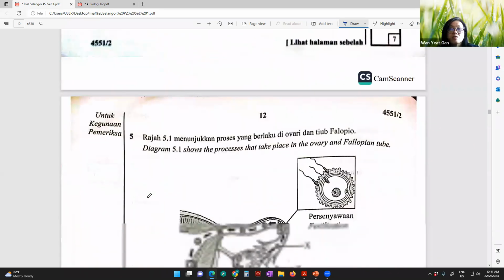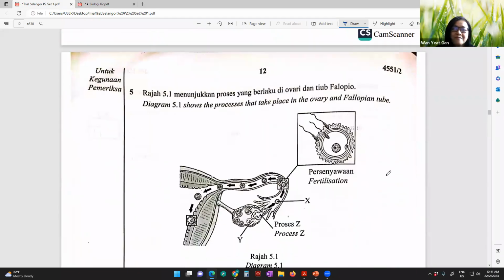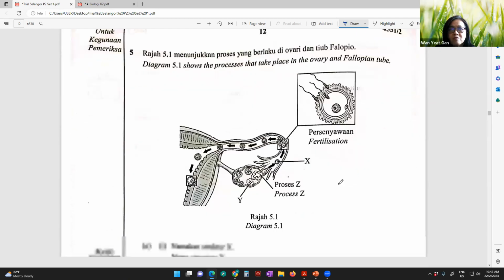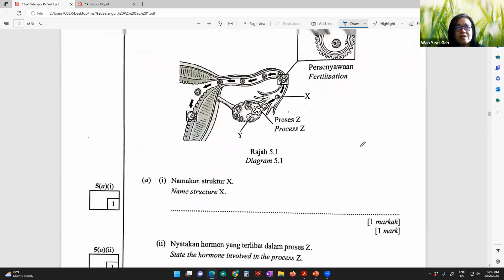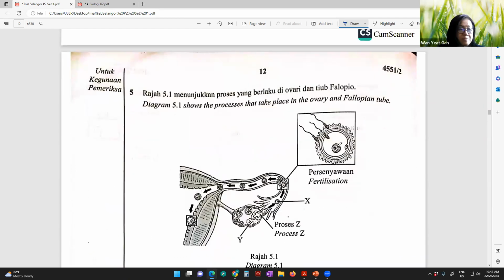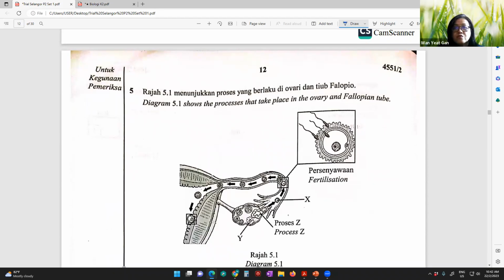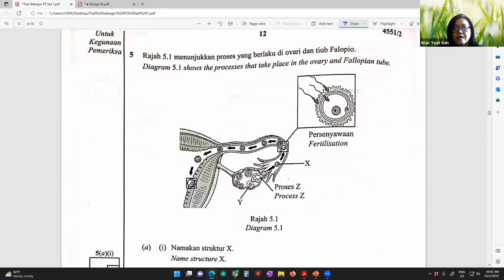Next, let's look at question 5. In question 5, the diagram shows the process that takes place in the ovary and fallopian tube. Name structure X, right? This is in Form 4, chapter 15. Structure X here has been released through process Z from the ovary.